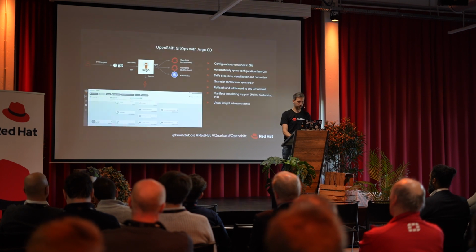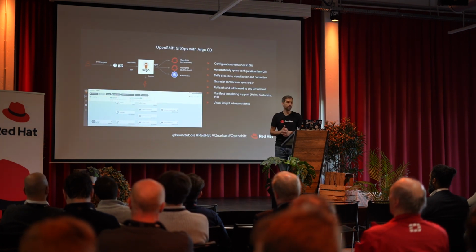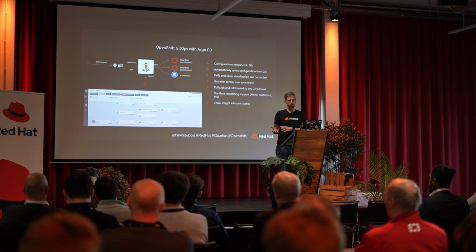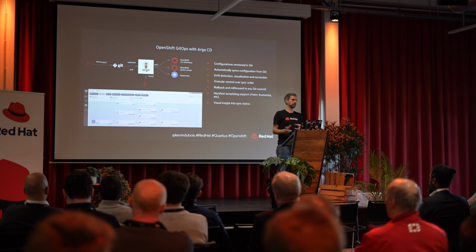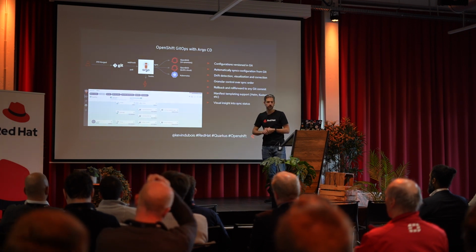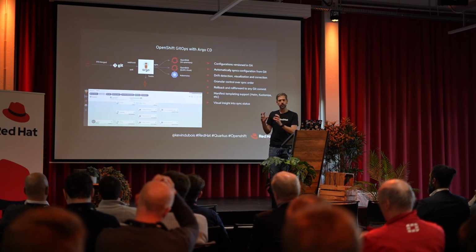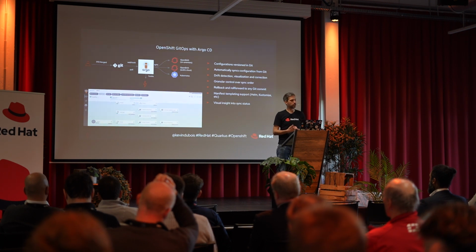But I used Tekton pipelines, and then I used Argo CD embedded in OpenShift with OpenShift GitOps to deploy the application. What's nice about GitOps is that you can configure your application in some way. You can say, these are my Kubernetes manifests, I can customize some components. And then every time something changes, I need to define that in my code so that I can see who changed what, where, and when.